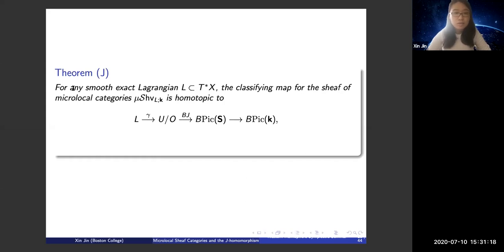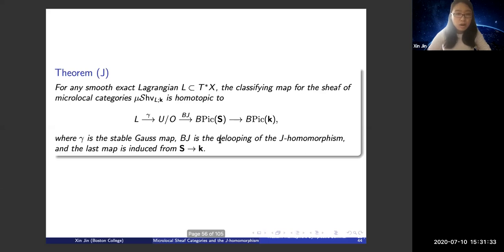Under the same setting as before, we prove that this sheaf of microlocal categories is classified by this composition, where the first map is the Gauss map to the Lagrangian Grassmannian, and the second map is to this classifying space, where you see the famous J-homomorphism, or rather the delooping of the J-homomorphism.